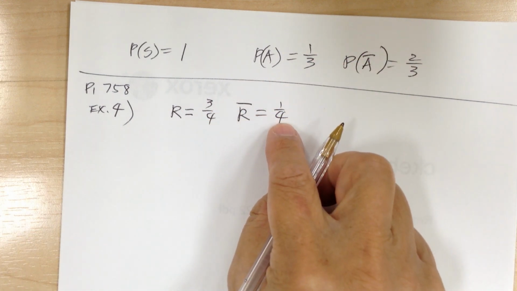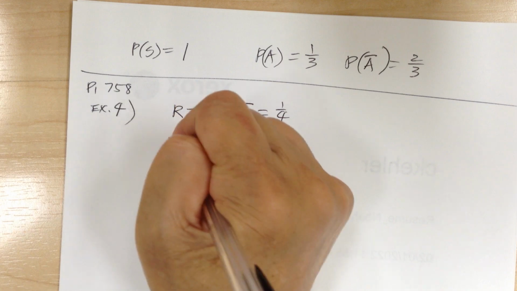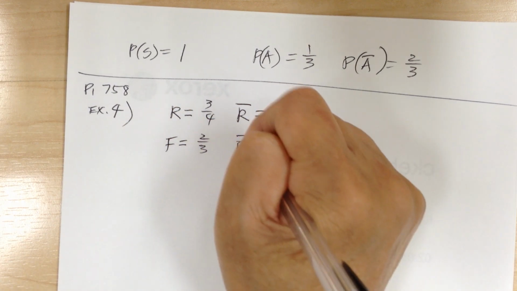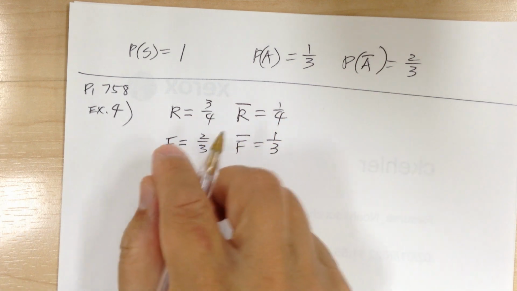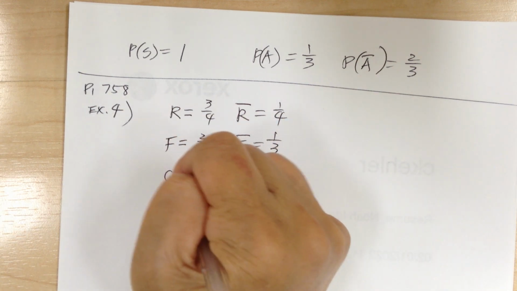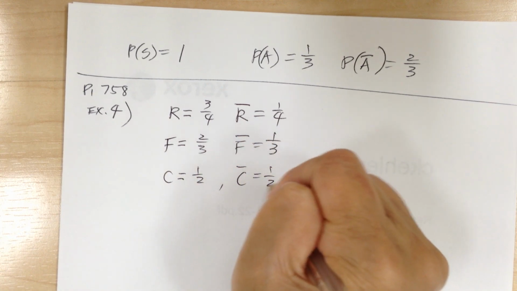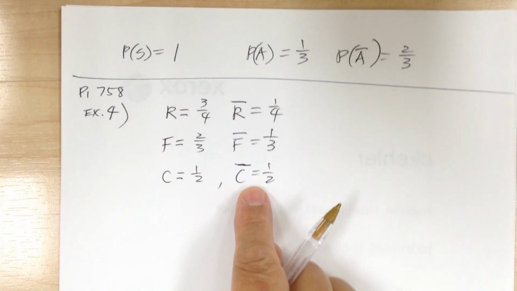That means Ryan not getting selected is 1/4. Faye will be selected is 2/3, so not getting selected is 1/3. Chan gets selected is 1/2, so not selected is 1/2. So again, first you have to get all the complements ready.